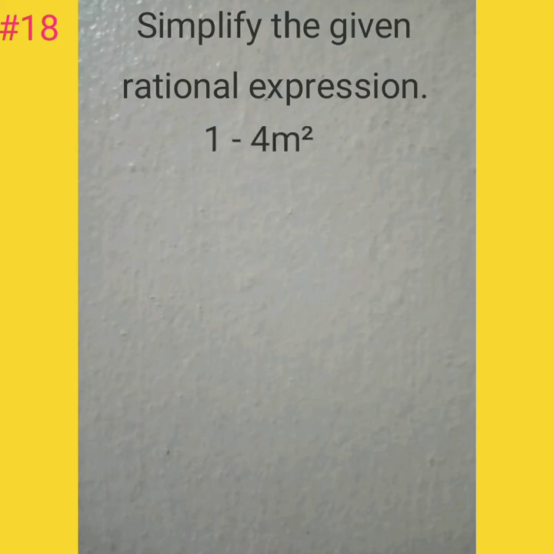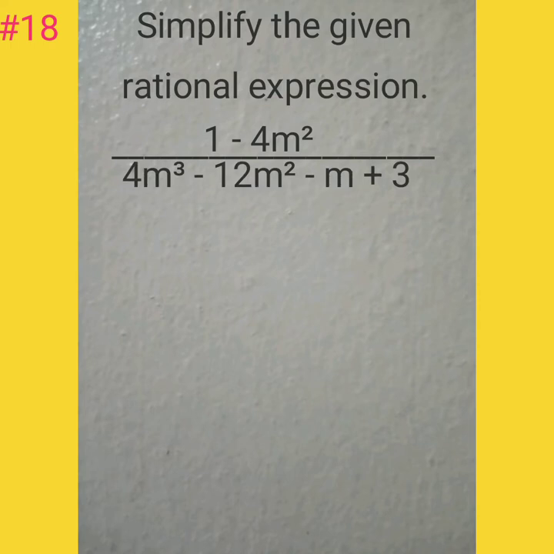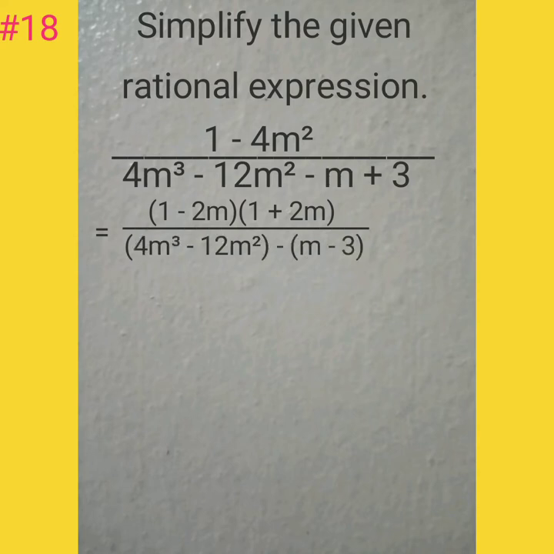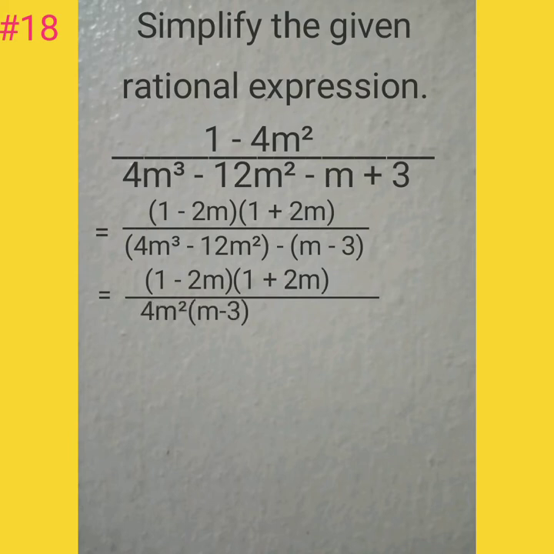Simplify (1 - 4m²) all over (4m³ - 12m² - m + 3). The factors of 1 - 4m² are 1 - 2m and 1 + 2m, while 4m³ - 12m² - m + 3 can be grouped as the quantity of 4m³ - 12m² minus the quantity of m - 3. The factors of 4m³ - 12m² are 4m² and m - 3.